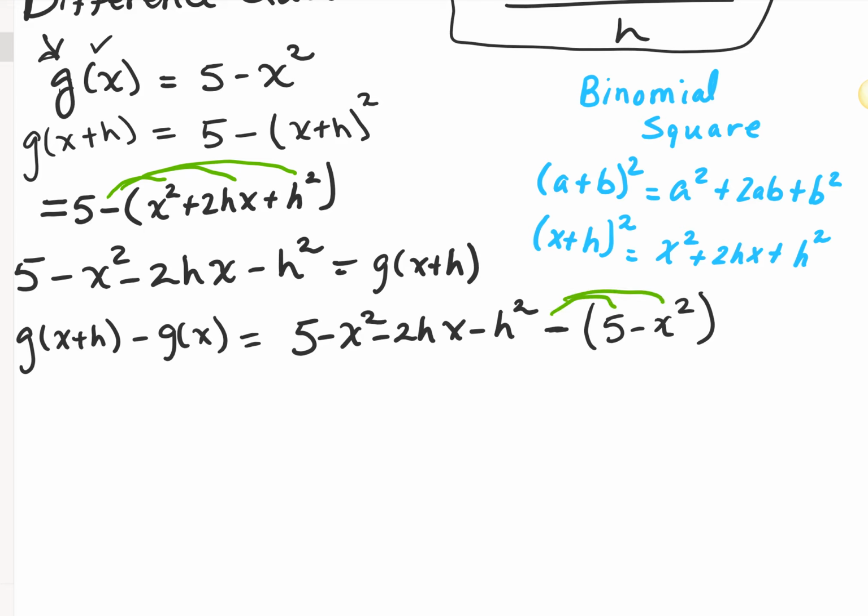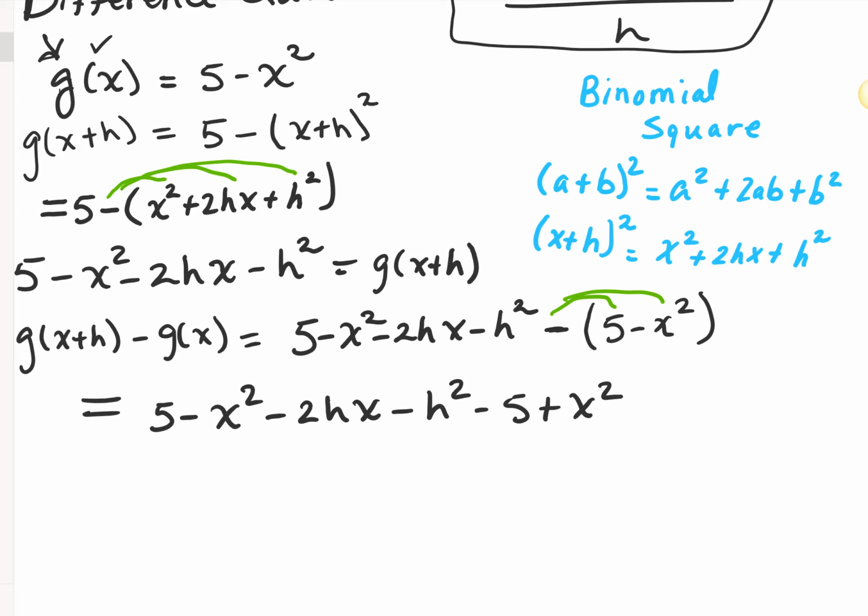So we're going to go ahead and do that. Okay, so that's going to look like this: 5 minus x squared minus 2hx minus h squared minus 5 plus x squared after you distribute.